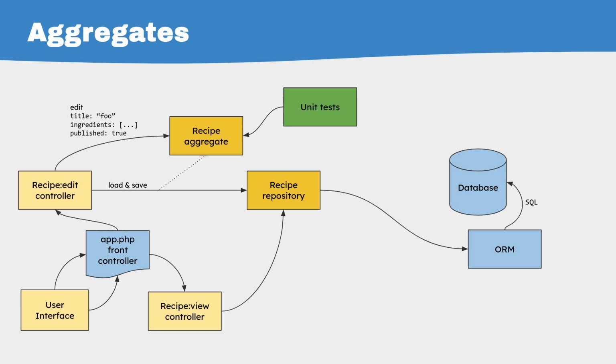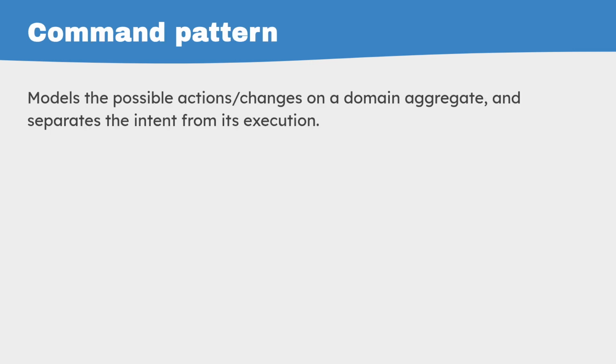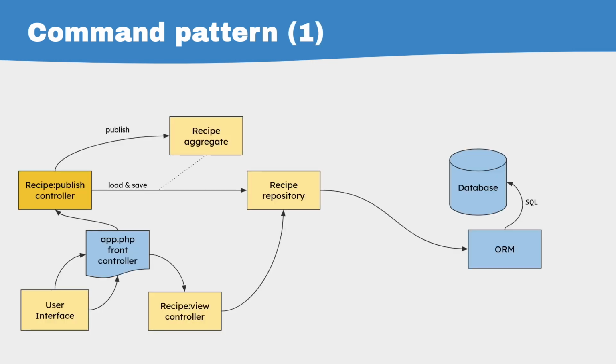So because of this, a logical next step in this evolution is to introduce a command pattern. And a command pattern is described as modeling the possible actions or changes on such a domain aggregate and separating the intent from its execution. So instead of considering an edit action or something, we could have a publish action and an add ingredient action.